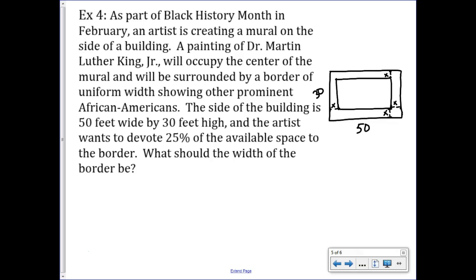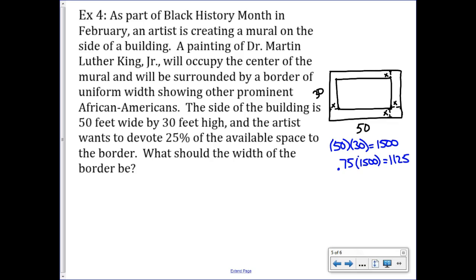So 50 times 30 we know is 1,500, right? Let's go ahead and write that out. So 50 times 30. That tells me the total area of the wall. So then the mural would be 75% of 1,500, which is 1,125 square feet.